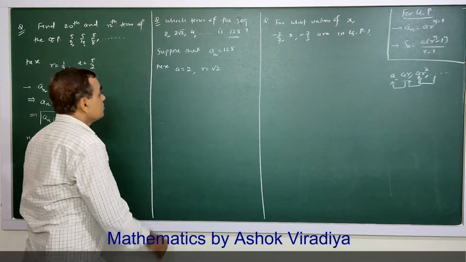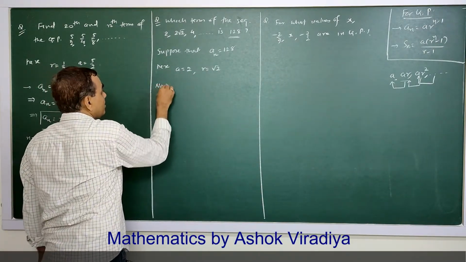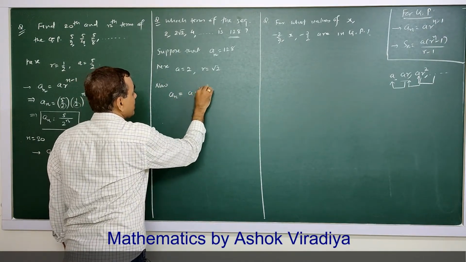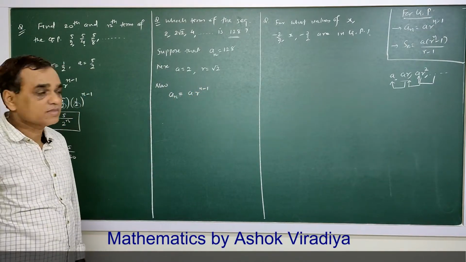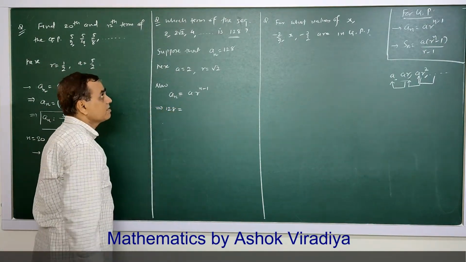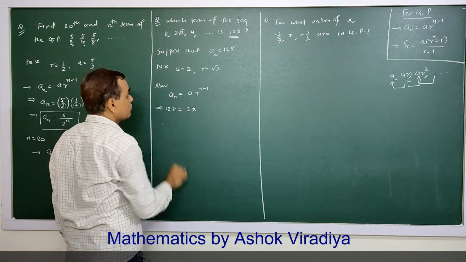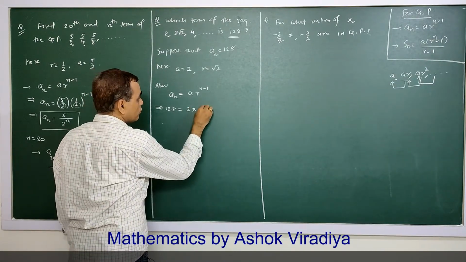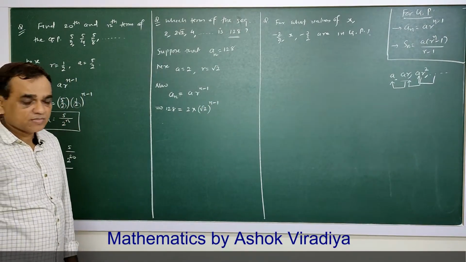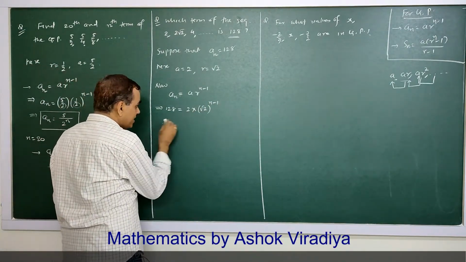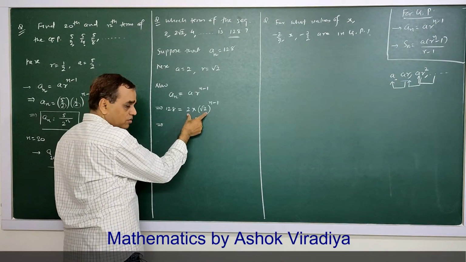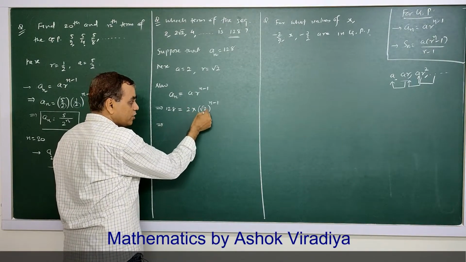Now the formula for the nth term is A into r raised to n minus 1. An is given 128, A is 2, r is root 2 raised to n minus 1. Now the right hand side is going to be in power of 2, so we are going to create base 2.